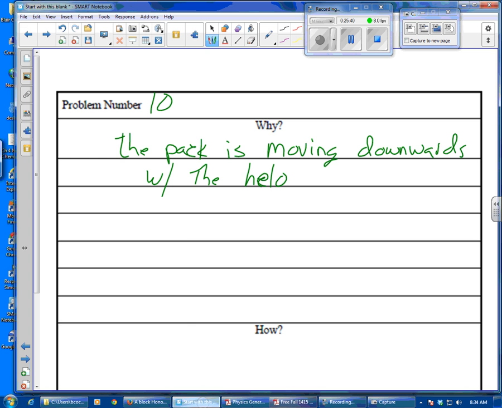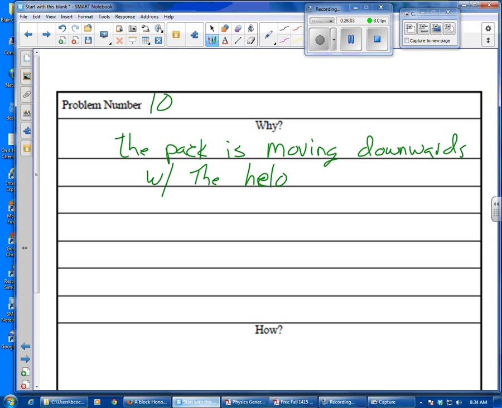Now, as soon as the helicopter releases the package, what immediately happens to it? It starts falling. Why does it start falling? Okay, and how do we describe that? How do we describe its motion that is being caused by gravity? Free fall.